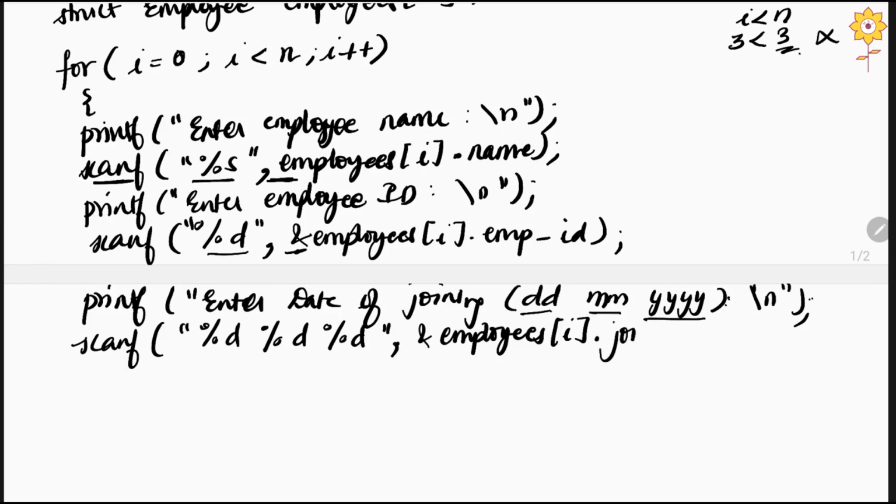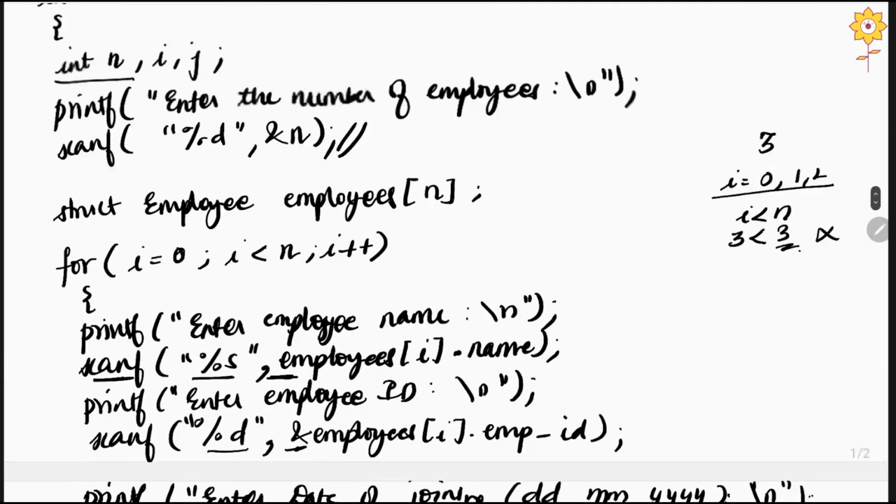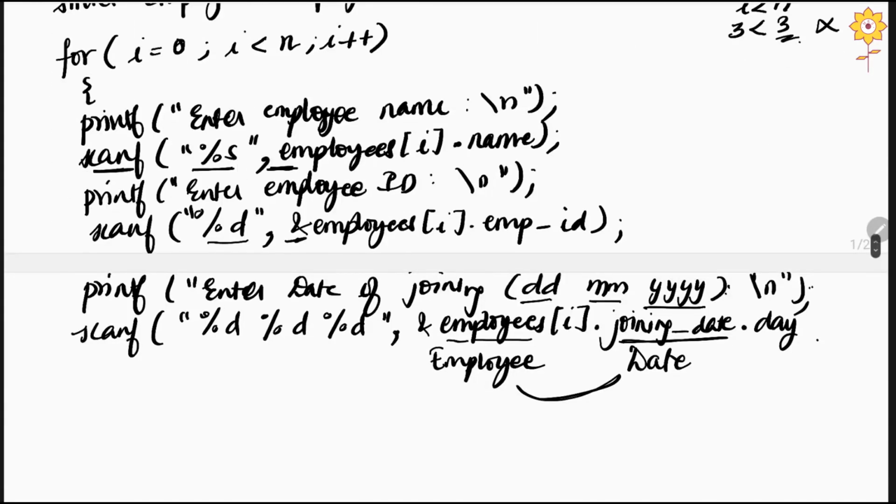So joining date is the instance that you have created, and in that instance you have to access the day. So employees is the instance of employee structure, and joining date is the instance of date structure. These two are nested structures. That is why we are using 2 dot operators. First the main structure, then the inner structure, and then the variable that you want to access.